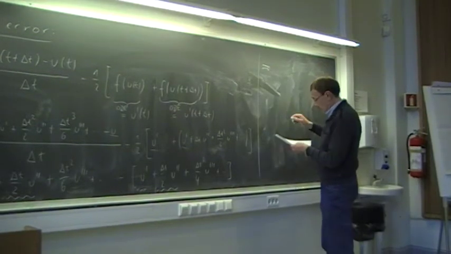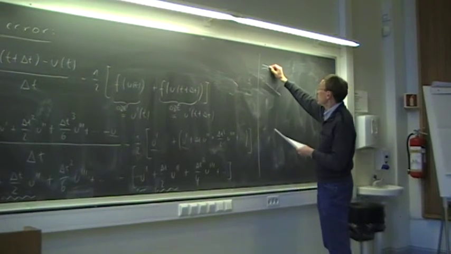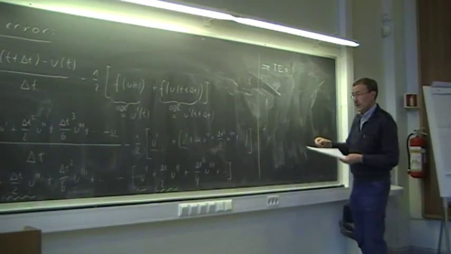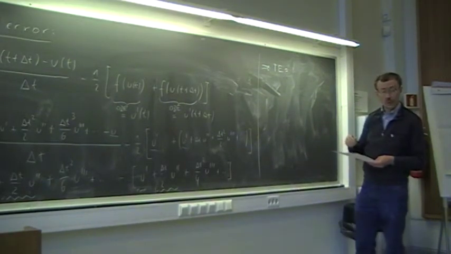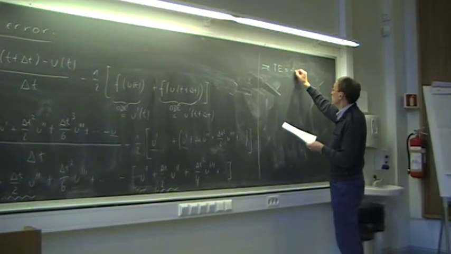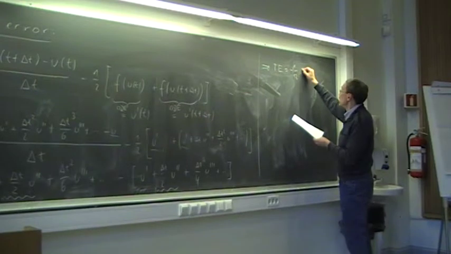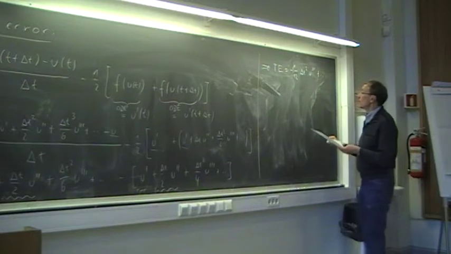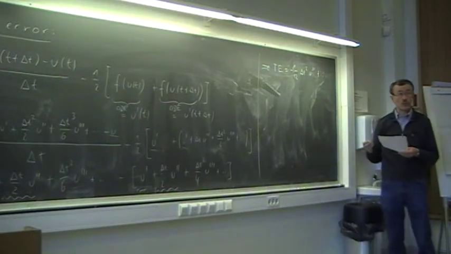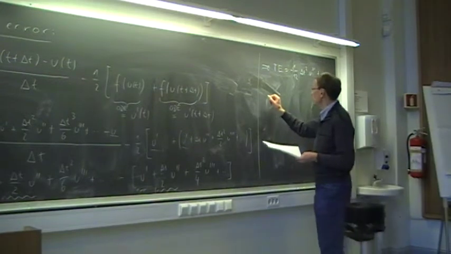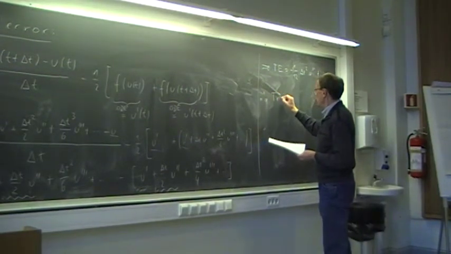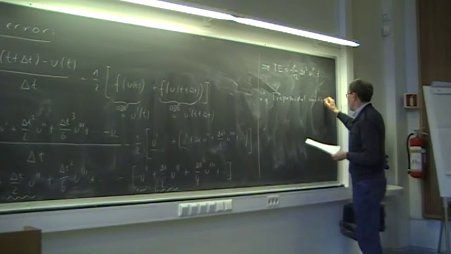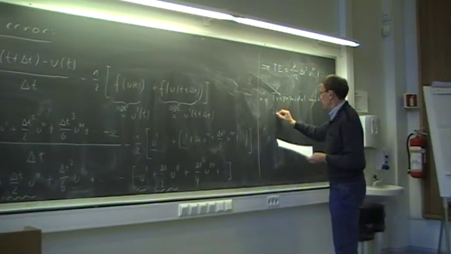So from that we can then see that the truncation error is equal to, that is 1 over 6 minus 1 over 4, that is minus 1 over 12 times delta t squared third derivative plus higher order terms. So that means our truncation error is of second order. So the conclusion from that is that the trapezoidal method is second order accurate.